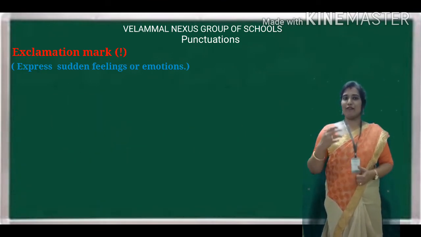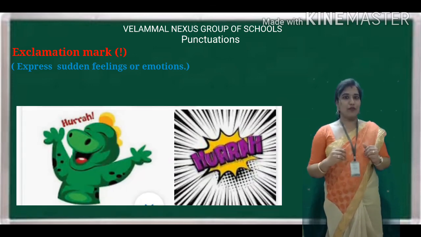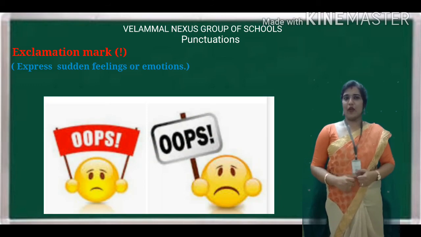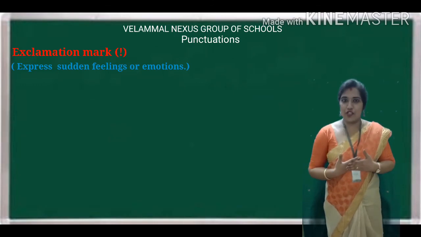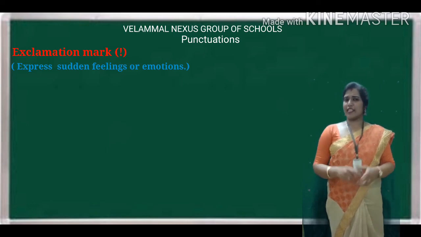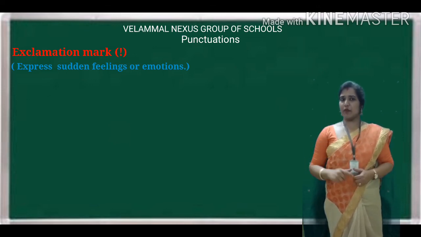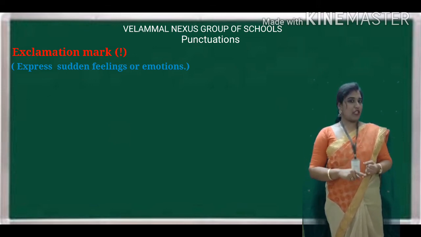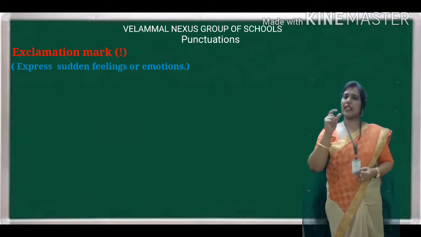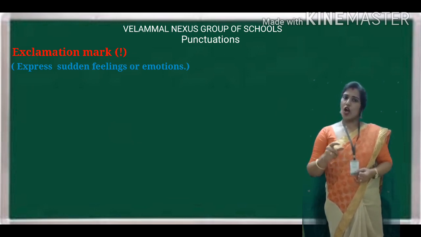So you have to come out with the expressions: oh, wow, hooray, oops, ouch, aha. Both exclamations and interjections express strong feelings and emotions. The main difference is that exclamations are only written with exclamation marks, whereas interjections can be written with exclamation marks, commas or question marks.